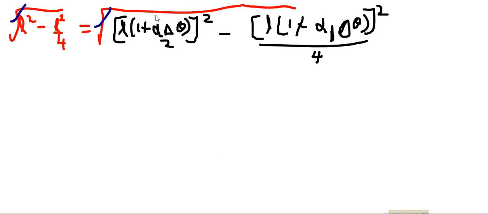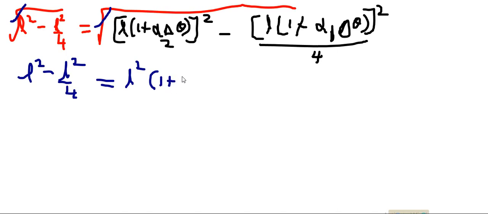So the root gets cancelled by squaring on both sides. Here L square minus L square by 4 is equal to L square into, according to a plus b whole square, a square is 1, plus b square, this is alpha 2 square delta theta square, plus 2ab, so a is 1 and b is alpha 2 delta theta, that is 2 alpha 2 delta theta.